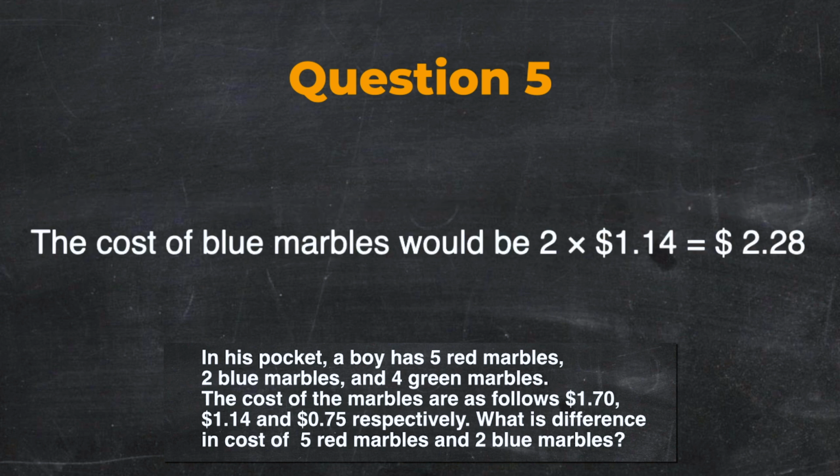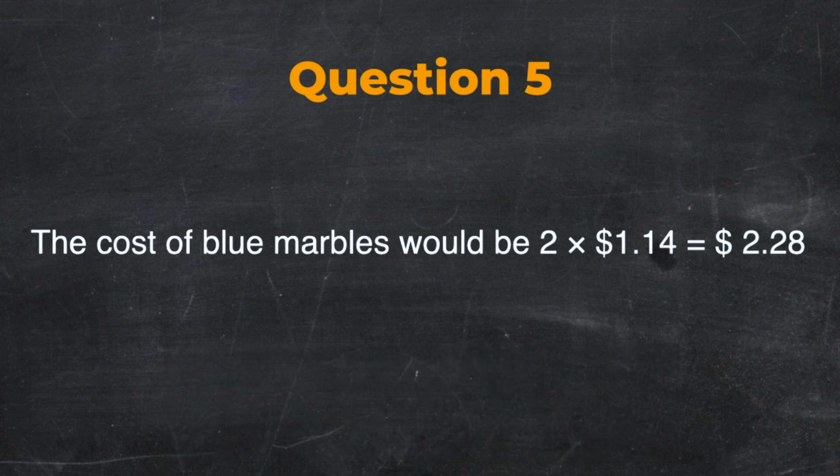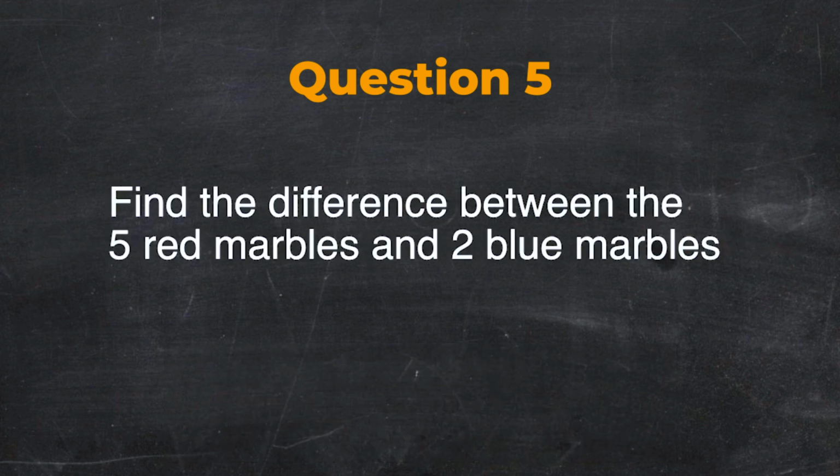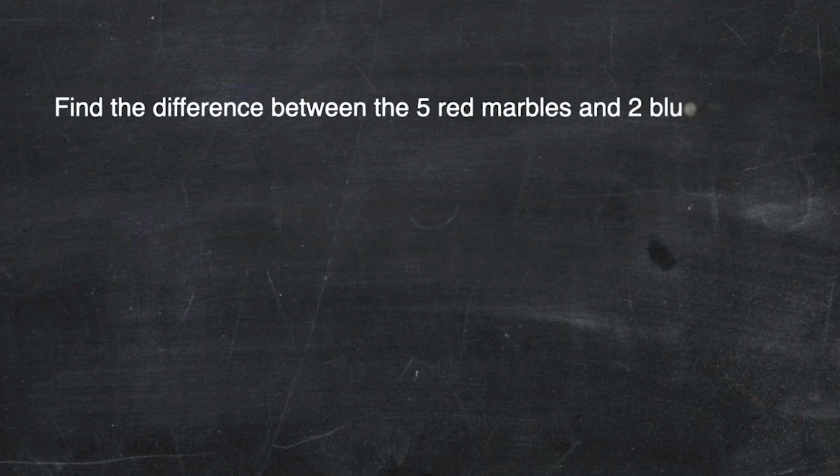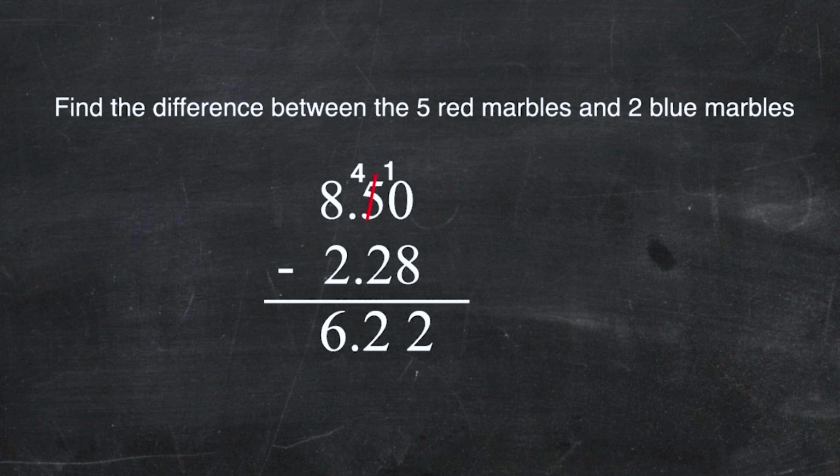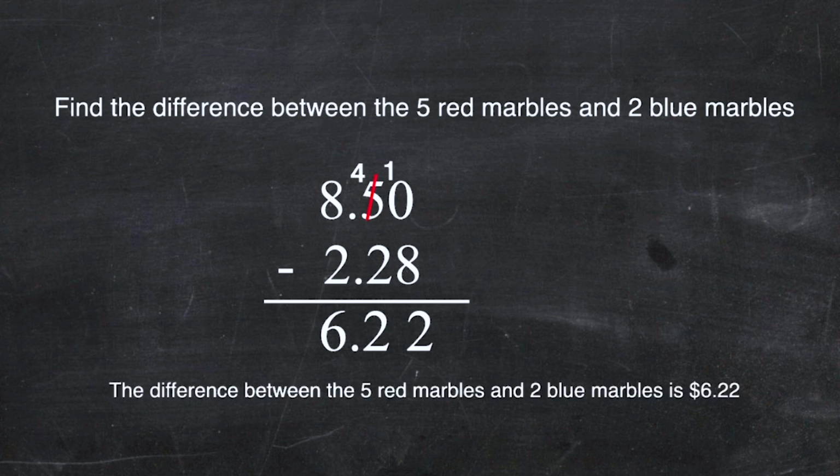And then the cost of the blue marbles would be 2 multiplied by $1.14, which would give us a total of $2.28. Now, to find the difference between the 5 red marbles and the 2 blue marbles, which is $8.50 subtracted by $2.28, which would give us a result of $6.22. Therefore, the difference between the 5 red marbles and the 2 blue marbles is $6.22. Good. Now on to question 6.